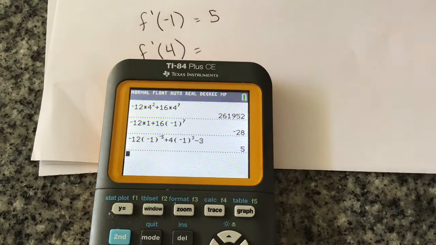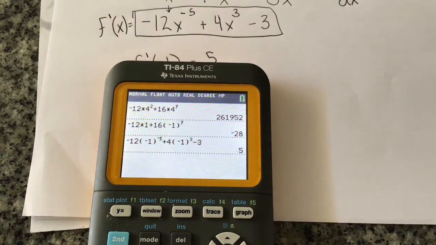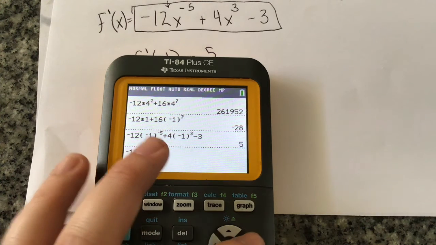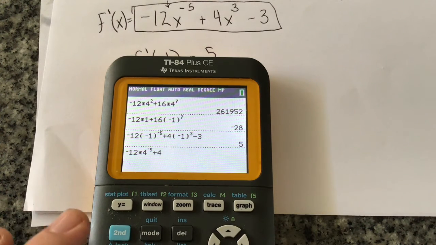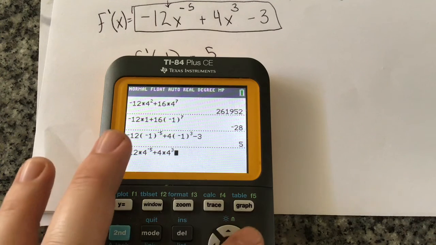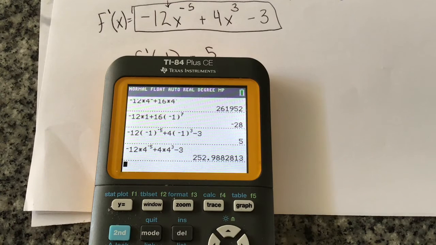And then we can do the same thing for 4. So we would just repeat this process with a 4. So -12 times 4 to the -5th plus 4 times 4 to the 3rd minus 3.